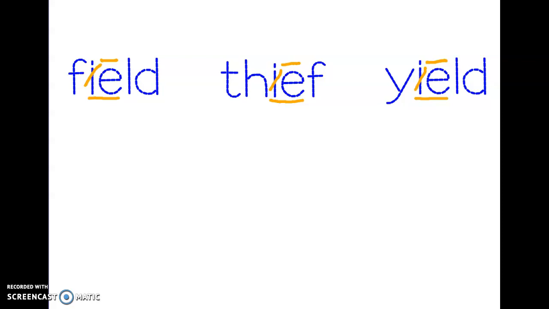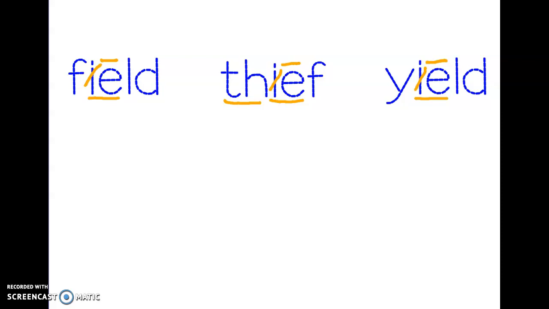Let's look at field. Does field need any other coding? Good job, it's done. Let's look at thief. Does thief need any other coding? Yes, we need to underline the digraph TH that says th. We are done coding these words.